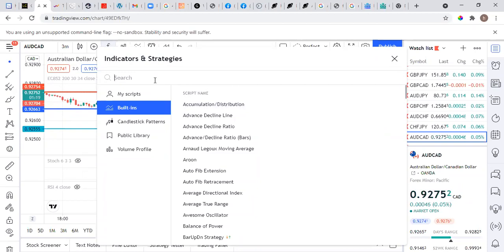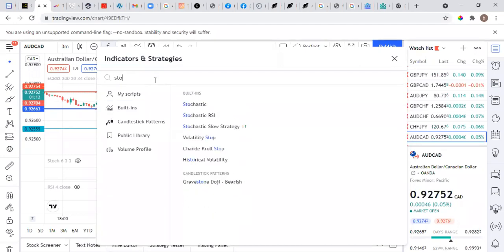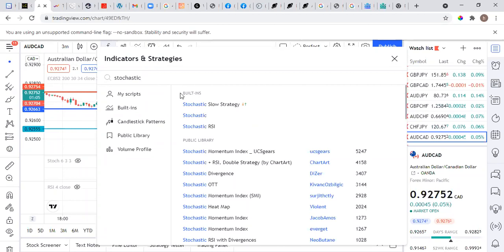We have the Bollinger Band, we have the RSI, we have the stochastic. So just type stochastic, and once you type it out, just click on it.